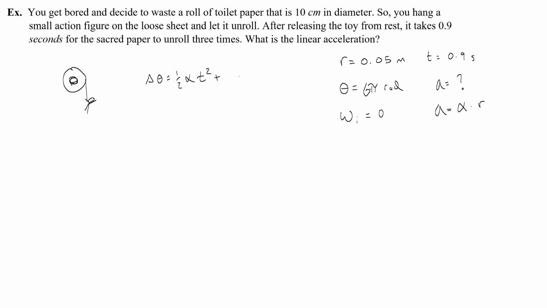And now to find angular acceleration, alpha, I would multiply both sides by 2. Sorry, get rid of that plus sign. And then divide both sides by t squared.